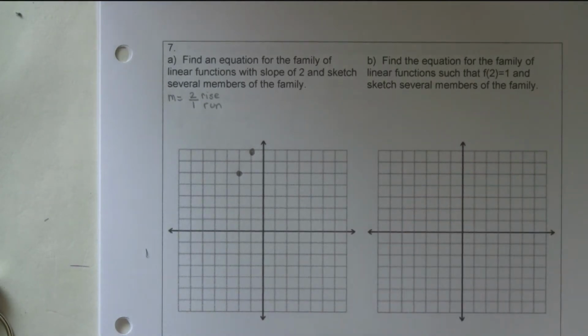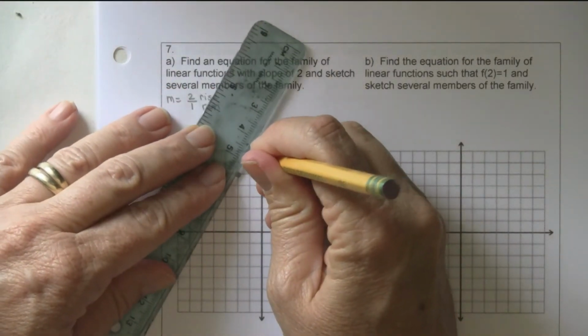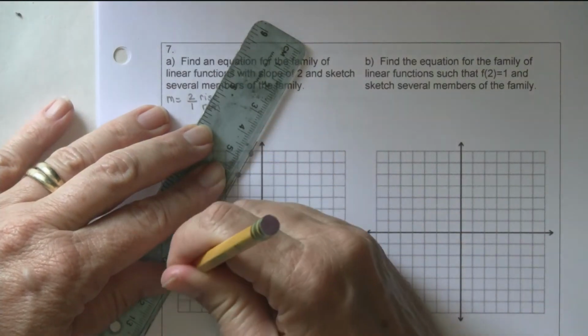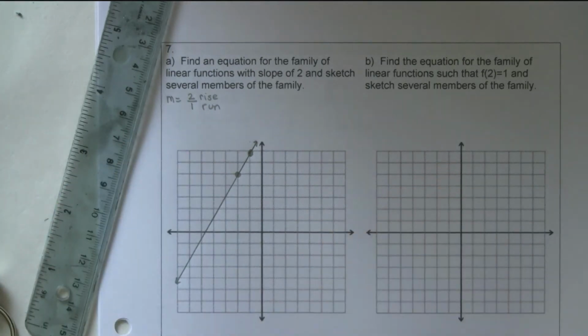And 2 points determine a line, so there I've got, and I did find my ruler, and I can draw in that line right there. So there I sketched one member of the family with slope 2.